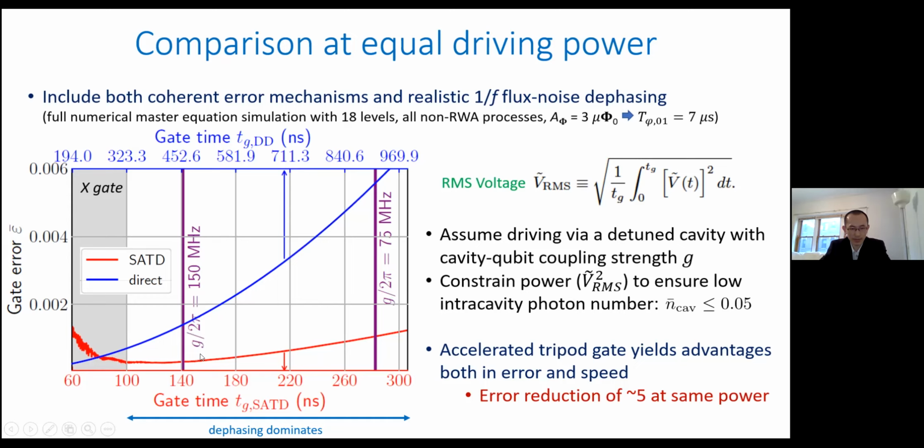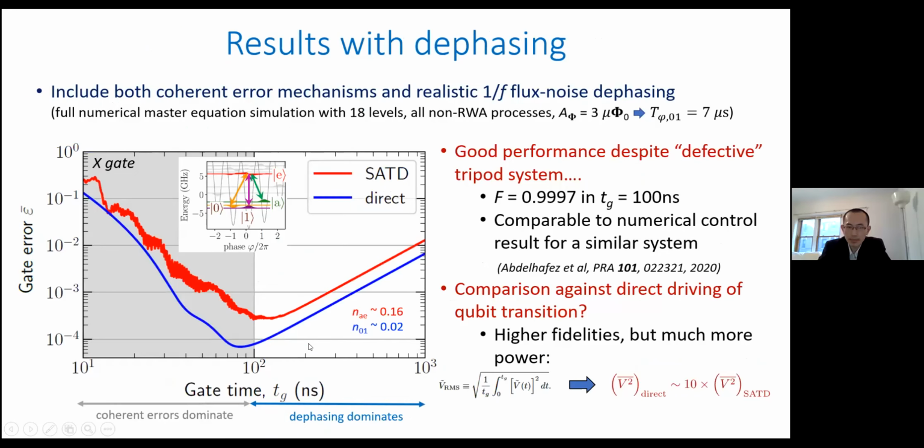I'm going to push back on the same question that Ravi asked. I'm still confused about the fidelities, because 100 nanoseconds over 7 microseconds is more than 1% just by coherence limit.